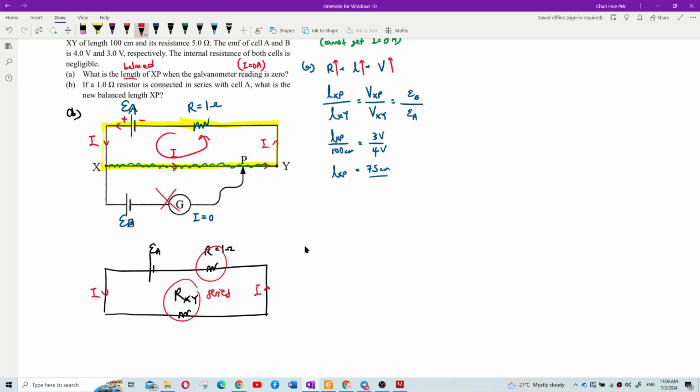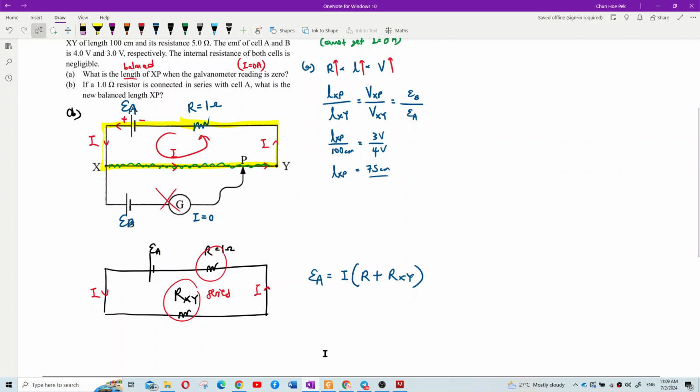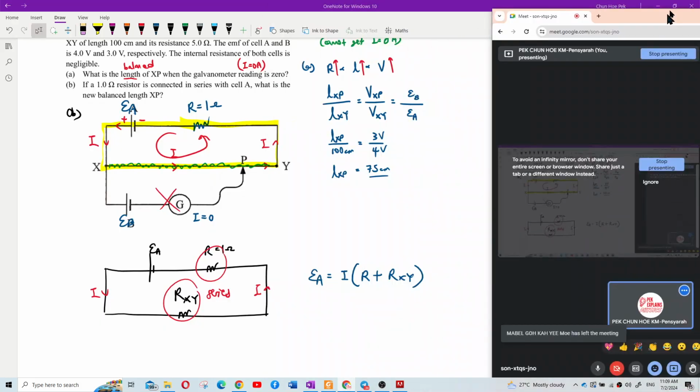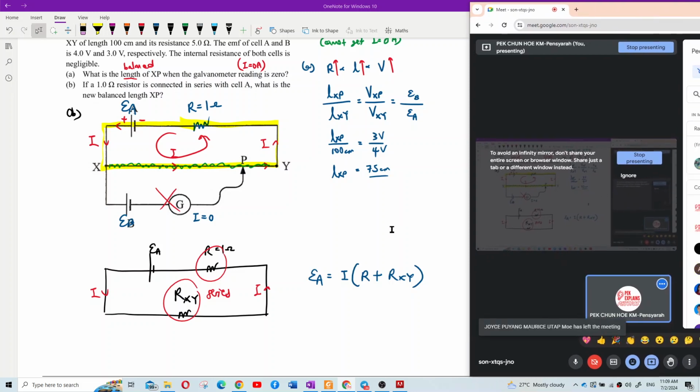So actually you can write a formula: EA is actually current multiplied by R plus RXY. Correct, class? The XY is actually one resistor.